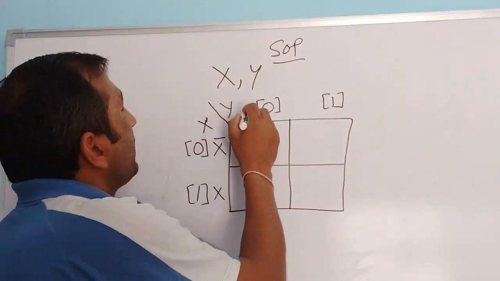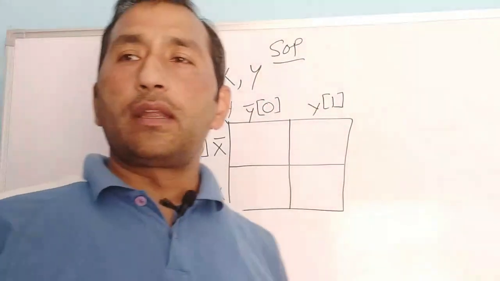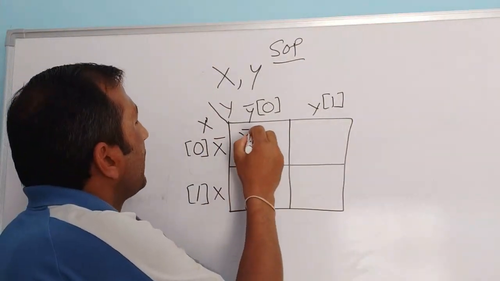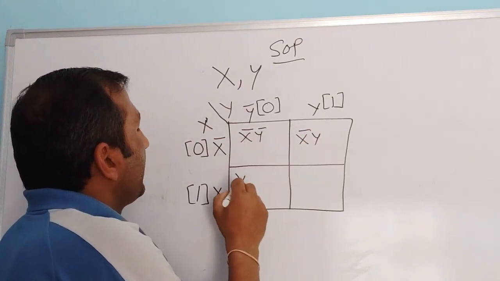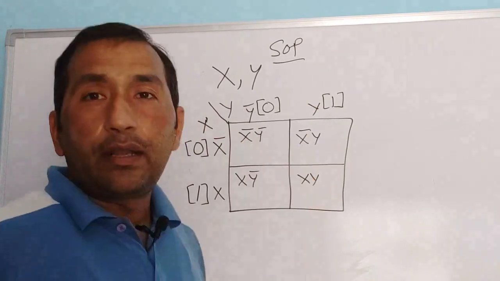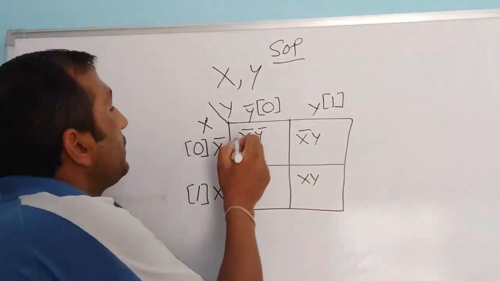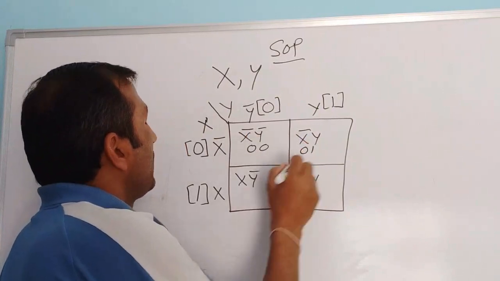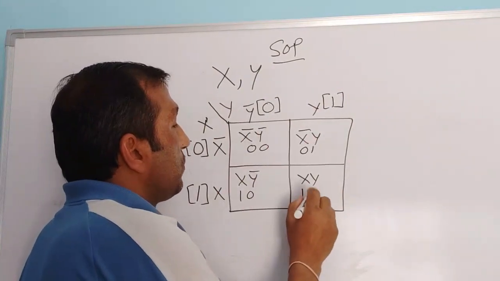Same with y, barred here and as it is here. So what we have got is x barred y barred, x barred y, x y barred, and x y. Now take these numbers also: 0 0, 0 1, 1 0, and 1 1.